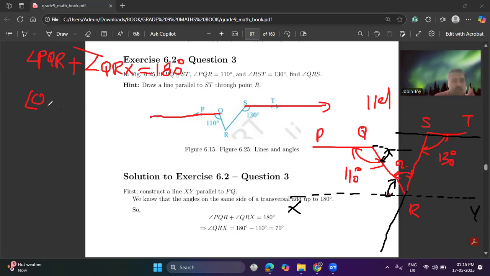From this, I can calculate QRX. What is QRX? 180 minus PQR, which is 110, that is equal to 70 degrees. So QRX is equal to 70 degrees. So this angle is 70 degrees.